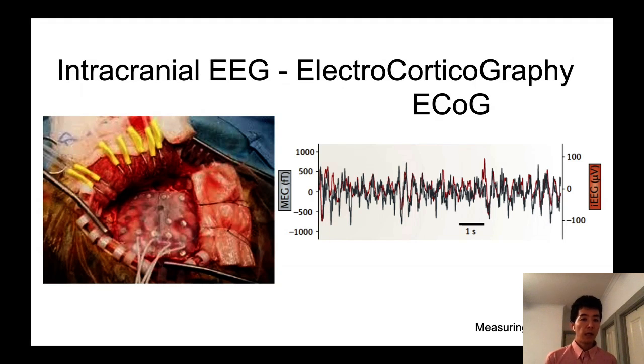And this slightly gory image is the intracranial recording situation. Intracranial recording is most usefully used in clinical settings. I have lots of collaboration with neurosurgeons who implant these electrodes to monitor the location of the origin of epileptic seizures.